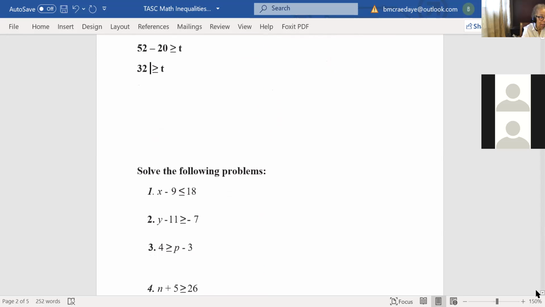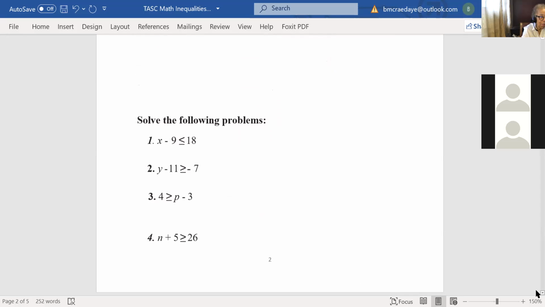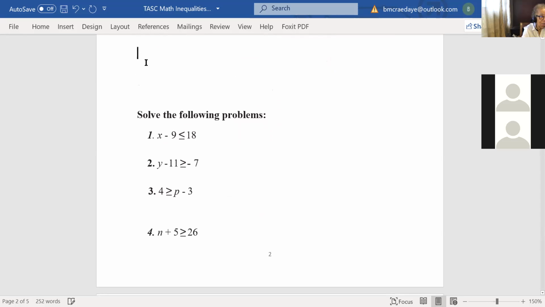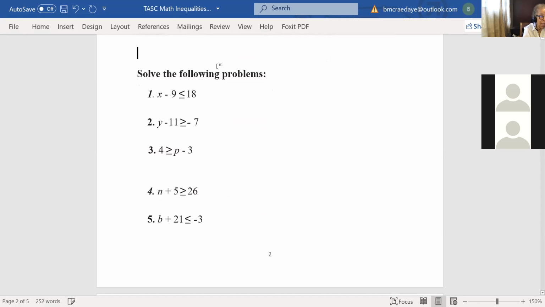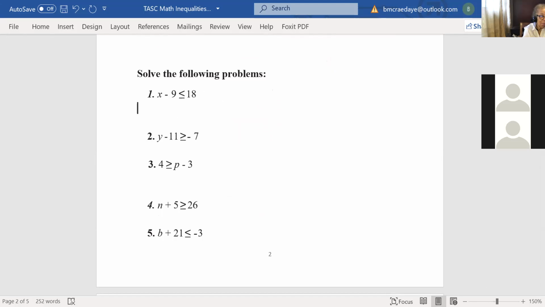Okay. And then I have some other ones here I want you to solve. Just see if you can give me the answer. What is X, Maureen? What if X minus 9 is less than or equal to 18?